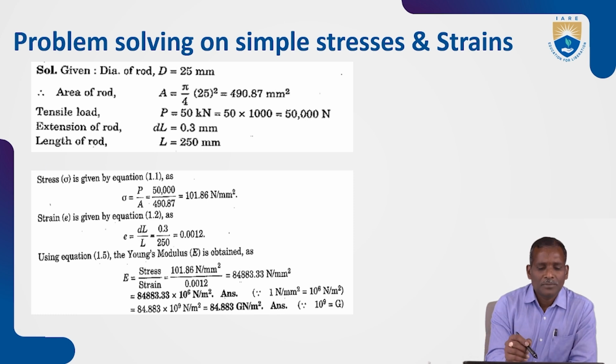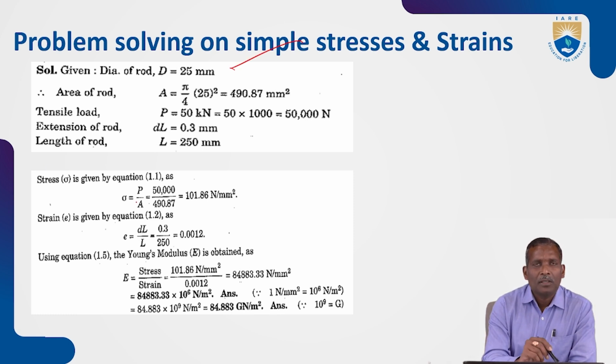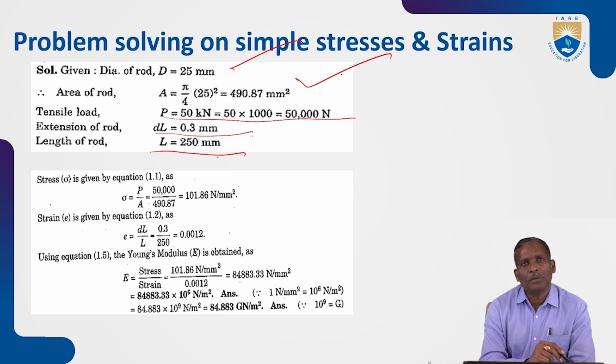So the detailed solution is shown here. D is the diameter, 25 mm. The area of the rod is π/4 into 25 whole square. The tensile load is 50 kilonewtons. The extension of the rod, dL, is 0.3. The length of the rod is 250 mm.